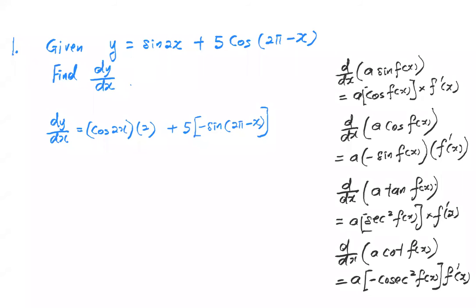Differentiate 2 pi minus x, I got negative 1. So negative times negative is positive. You put plus or you put minus? Oh, you put plus. Okay. So be very careful. Don't be caught by the question. Are you clear? Okay, so that is the first thing.